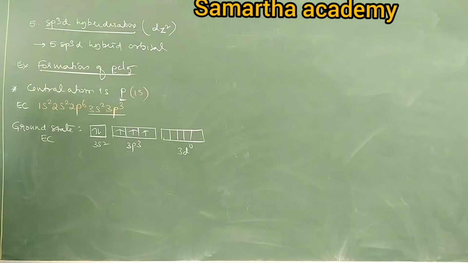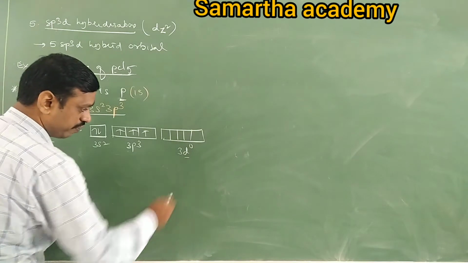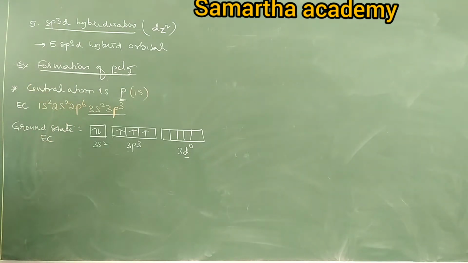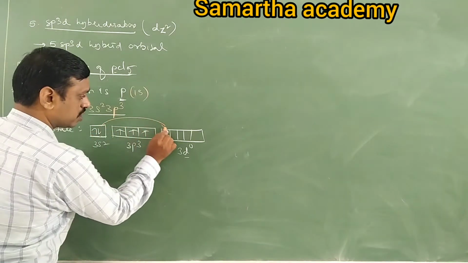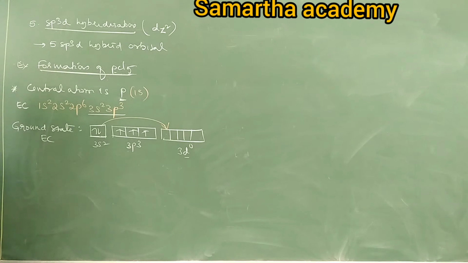Is there a d orbital in the second period? No, there is no d orbital in the first and second periods. 3d is possible, therefore, as a third period element, d will be there. 3d is 0. Now tell me, in the excited state, what happens? One s electron jumps from the s orbital to the d orbital.